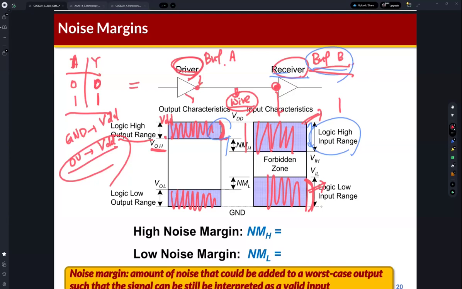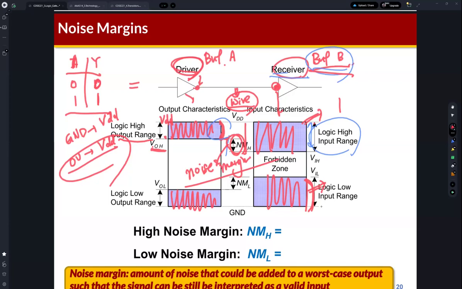So this gap, the difference between the logic high input range and the logic high output range, is called the noise margin. What is margin? What is the definition? What is the meaning of margin?